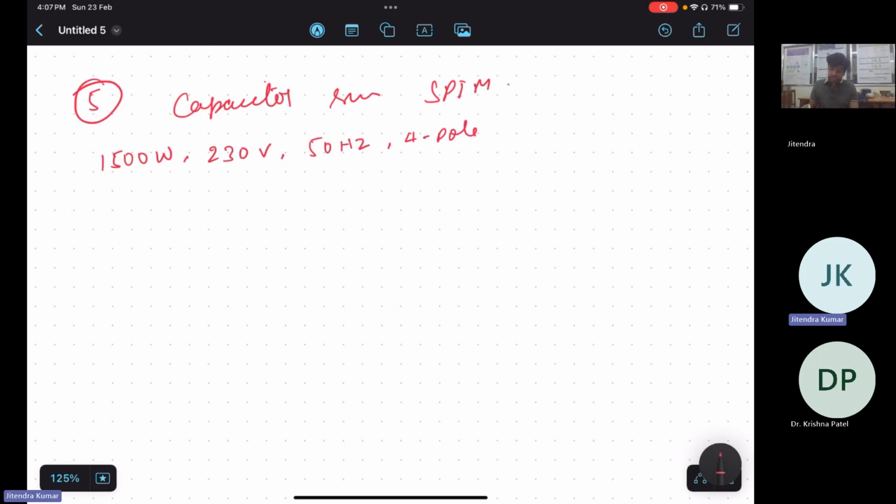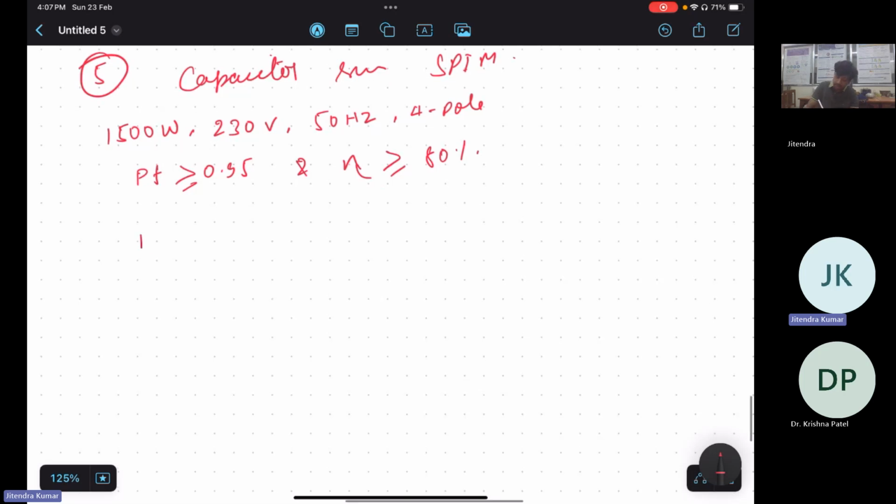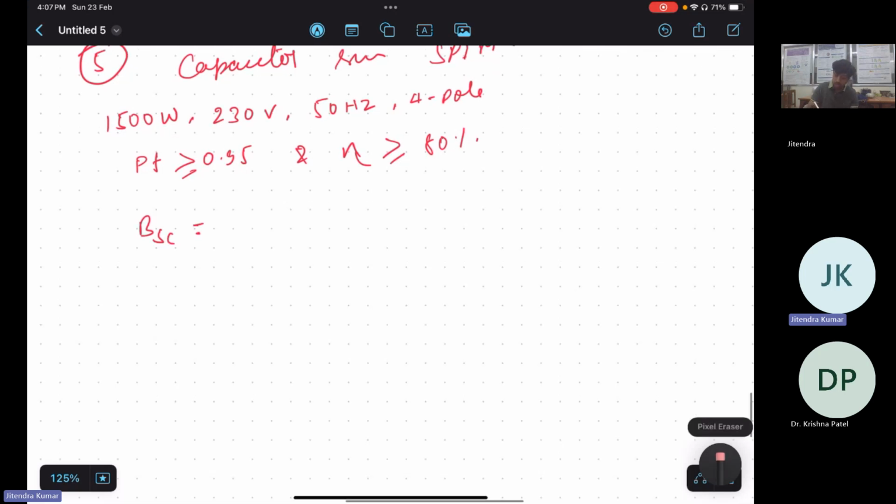Power factor and efficiency should not be less than 0.95. Power factor should be greater than or equal to 0.95, and efficiency should be greater than or equal to 80%. The value of aspect ratio should be considered so that flux density in the stator back iron should not exceed 1.4 Tesla.